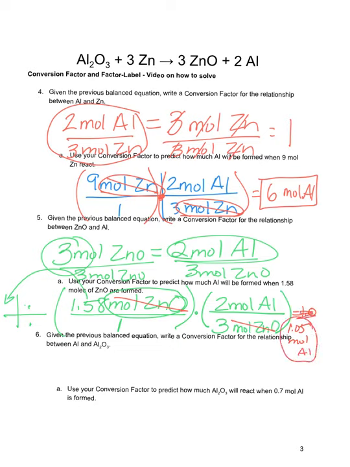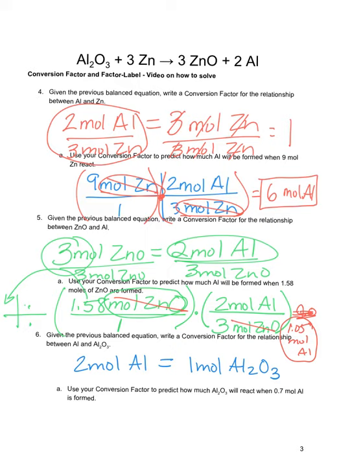So there we go, and that is how I'm going to solve these problems. Let's do another one. The next one says write the conversion factor between aluminum and Al2O3. There's 2 moles of aluminum equals 1 mole of Al2O3.